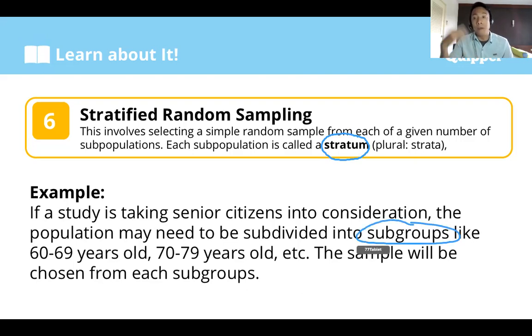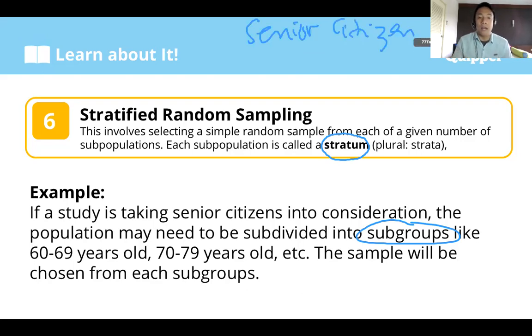Pwede mong i-group yung population mo or your population into ages. For example, senior citizens. Okay?